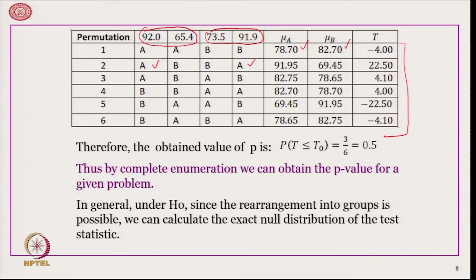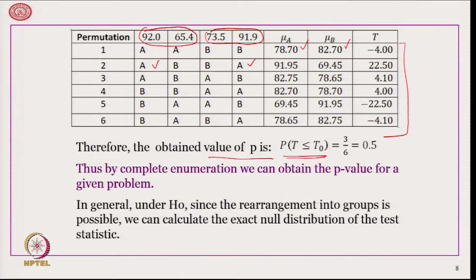What is the advantage? This gives us the probability of getting one particular value of t. Therefore, the obtained value of p is the probability that t is less than or equal to t naught. Our t naught has come out to be minus 4.